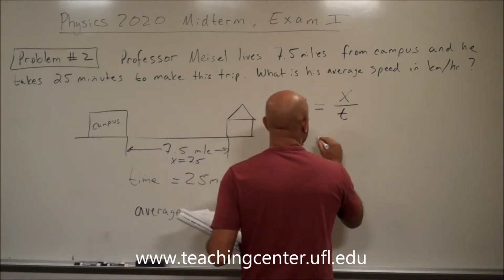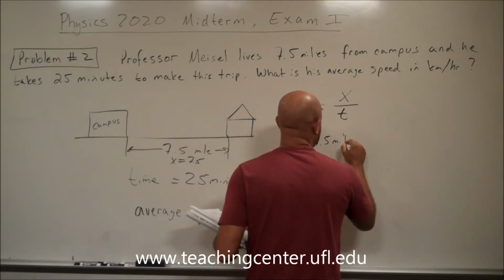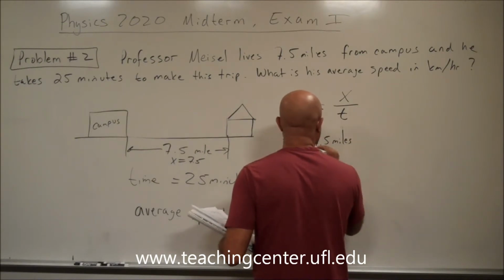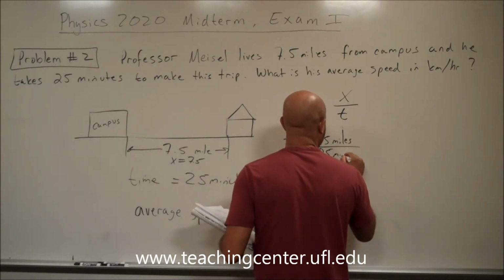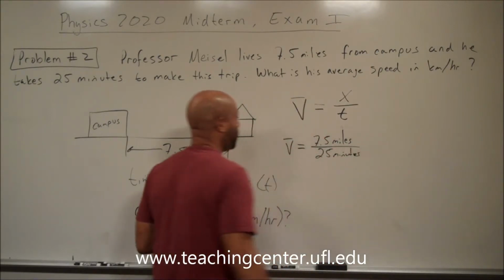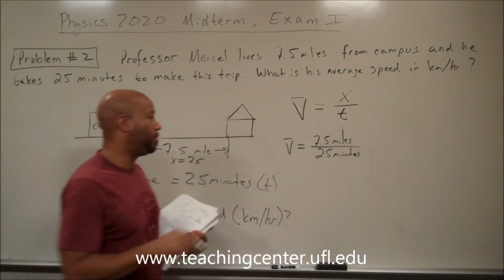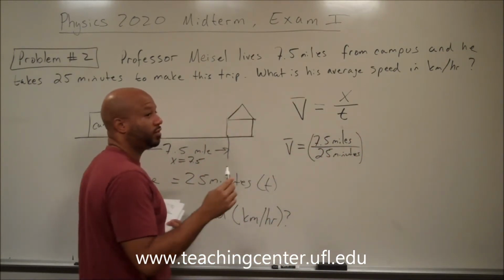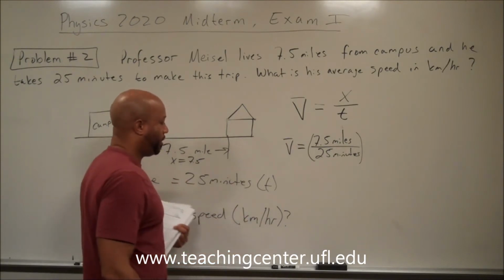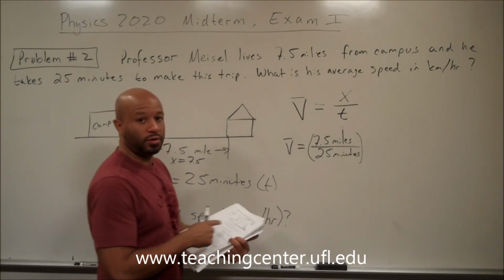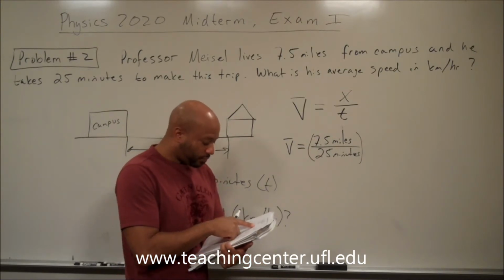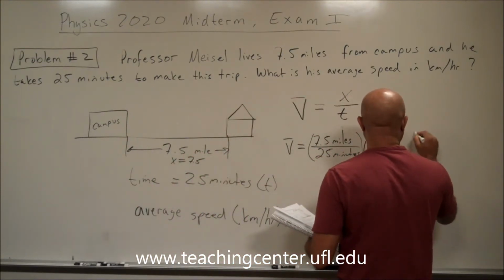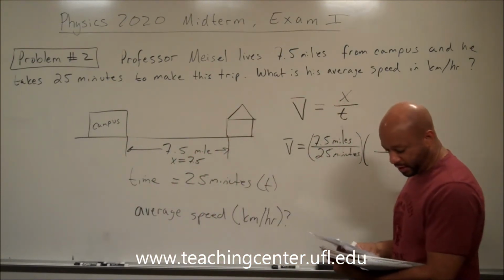So all we basically have to do is substitute this information into our equation. And so we have 7.5 miles divided by 25 minutes. Okay? But we need to convert the answer into kilometers per hour. We can do that by looking also on the formula sheet, where we have some conversion factors, and we can simply substitute in these conversion factors.